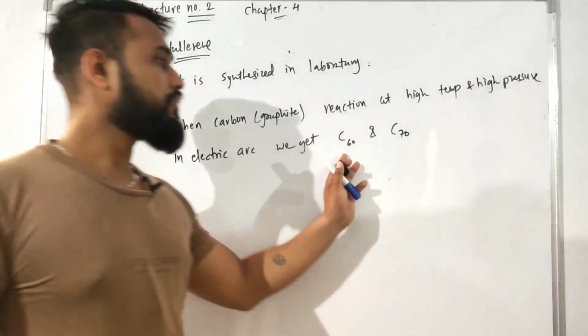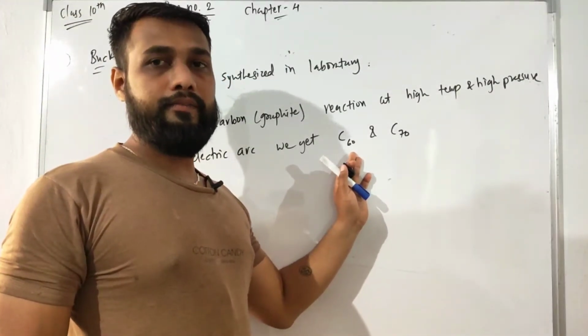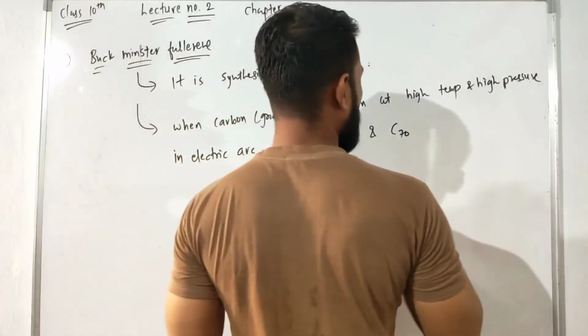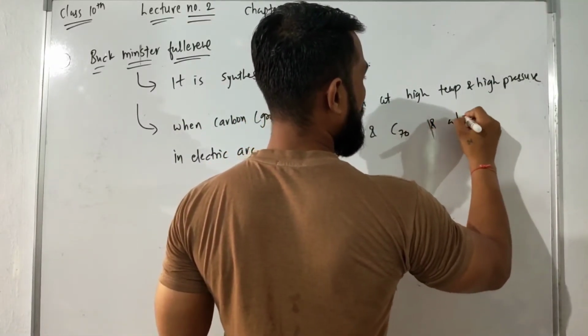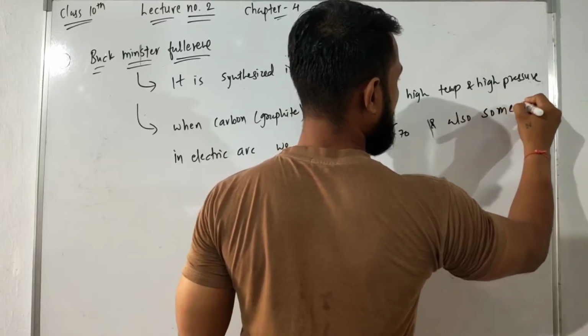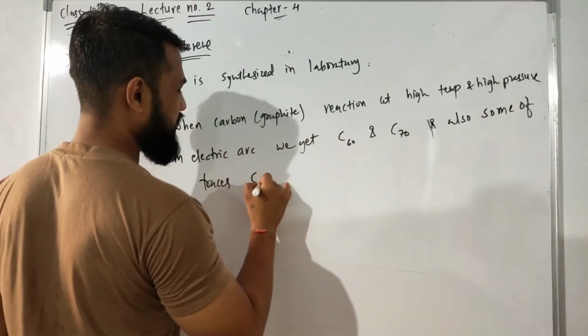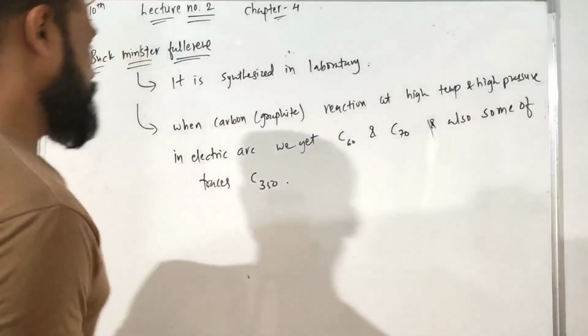That is, 60 carbon atoms are combined. Even we get 70 carbons joined with each other, and also some traces, that is, a little amount, C50.